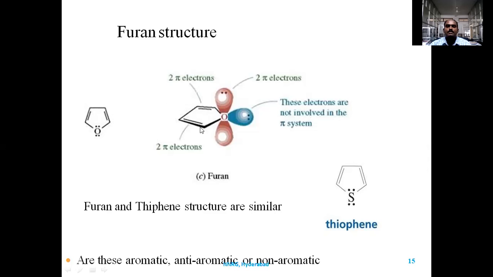So 6 pi electrons are present in furan, and this is aromatic. Similarly, thiophene contributes similarly to furan, so it contains 6 pi electrons. So thiophene and furan are aromatic in nature.